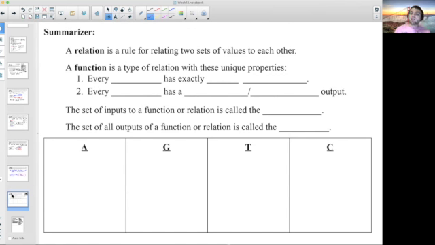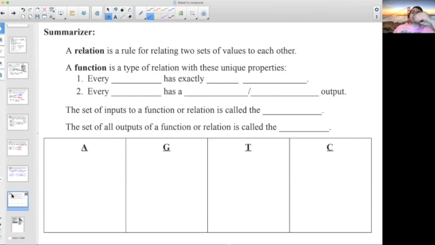So a relation and a function are two types of ways of connecting or relating or mapping something in one set to something in another set. And now we've talked about sets, right? When we did probability, so we have a sense of what a set is, right? A collection of objects. Now in math, it's typically going to be numbers, but it doesn't have to be. We just saw sodas, right?